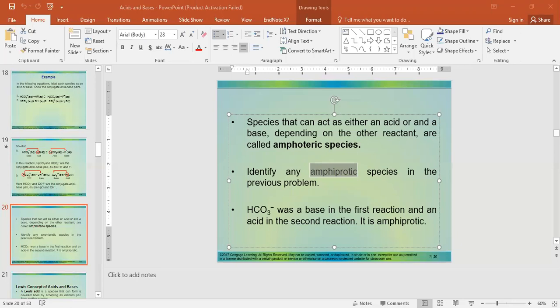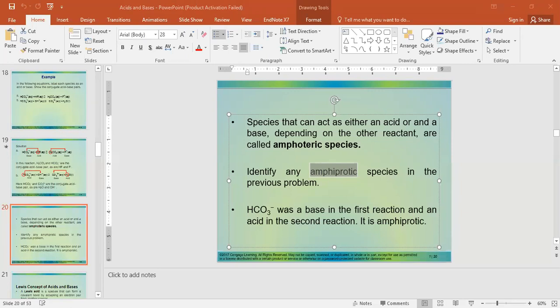Now, the question therefore is: are amphiprotic and amphoteric the same? The answer is no, they are not the same. Actually, we can say all amphiprotic substances are amphoteric, but not all amphoteric substances are amphiprotic.